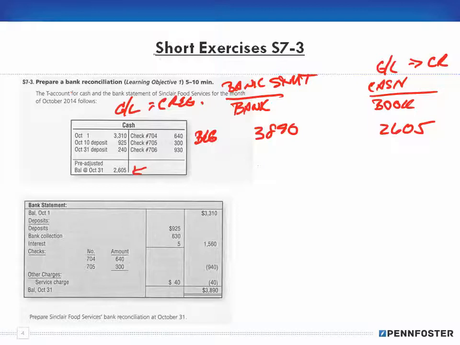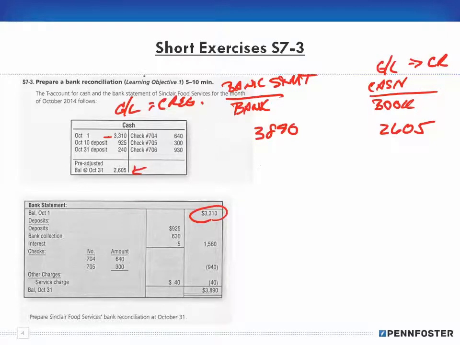On October 1st, we need to see that there is a deposit here of $33.10, which we see right there. I'm sorry, that's our beginning balance. Maybe I should clarify this a little bit.